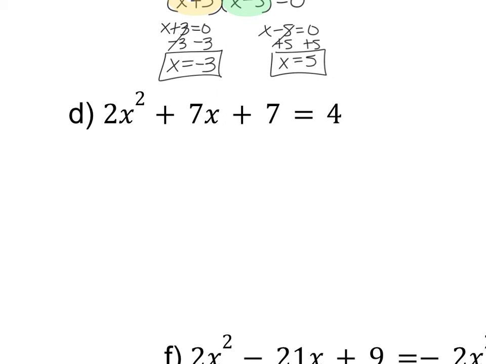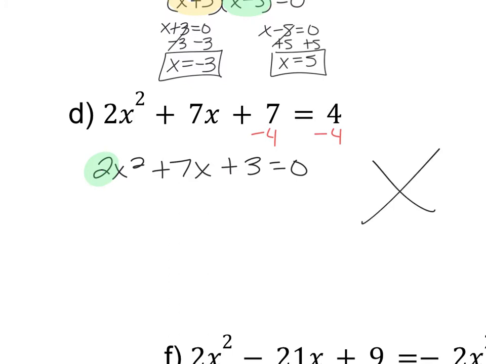Okay, so got to get a 0. Minus 4, minus 4. So I have 2x squared plus 7x. What would that be? Positive 3. All right, remember, this one's a little bit different because your a term is not 1. So you need what multiplies to be, remember, a times c.